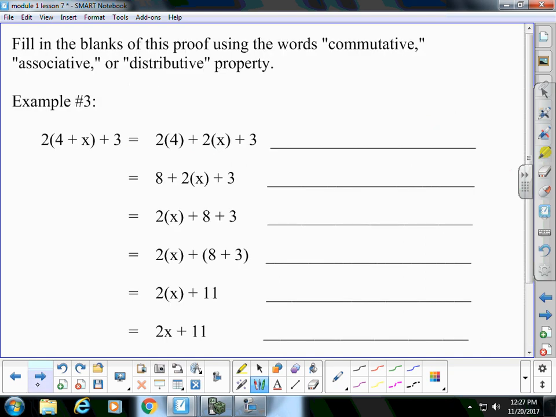The next one's a little bit bigger example, and now not only can we use the words commutative, associative, but we're also going to use distributive. So for commutative, you want to look for, commutative means that the order changes.